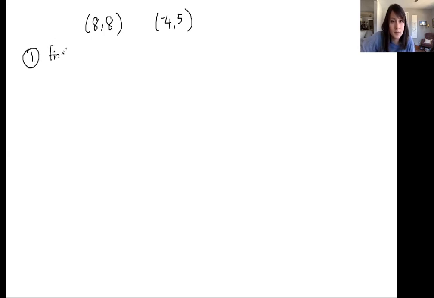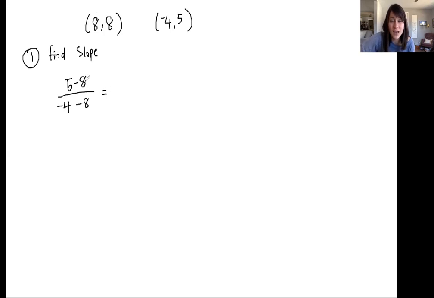Find the slope. I've got my x1, y1, x2, y2. I could also make this x1, y1 and x2, y2 the other way. So I could do 5 minus 8 if I wanted to, and -4 minus 8.